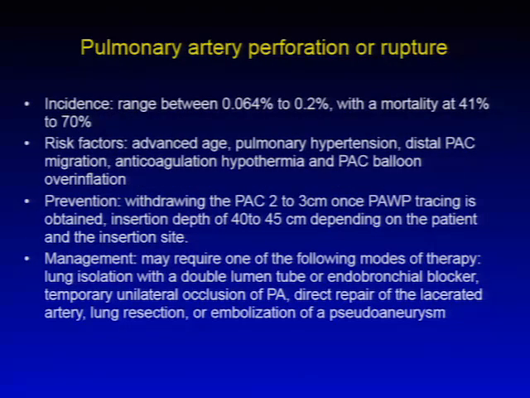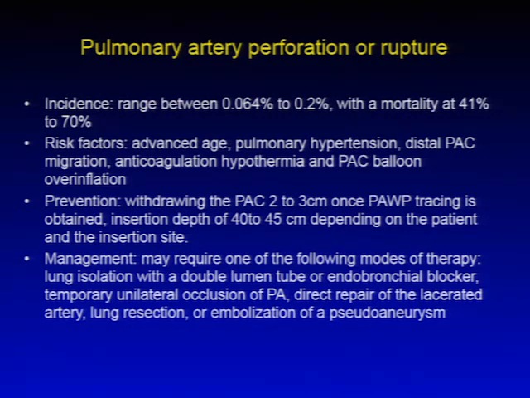The incidence of pulmonary artery perforation or rupture ranges between 0.064% to 0.2%, with a mortality of 41% to 70%.